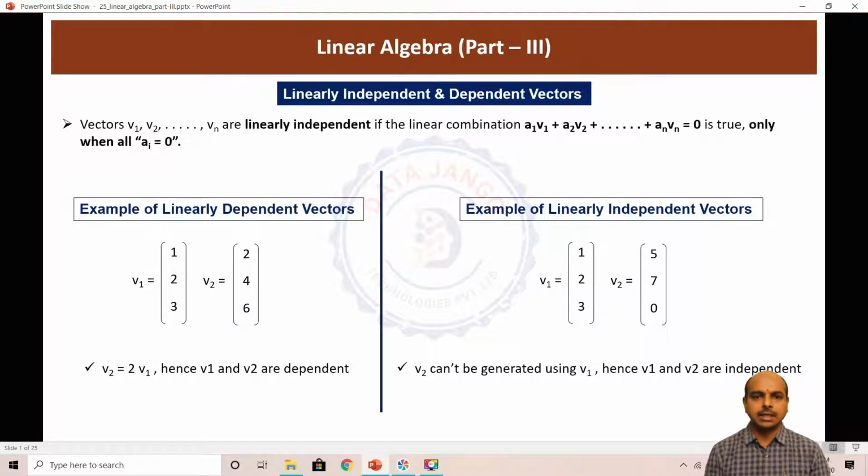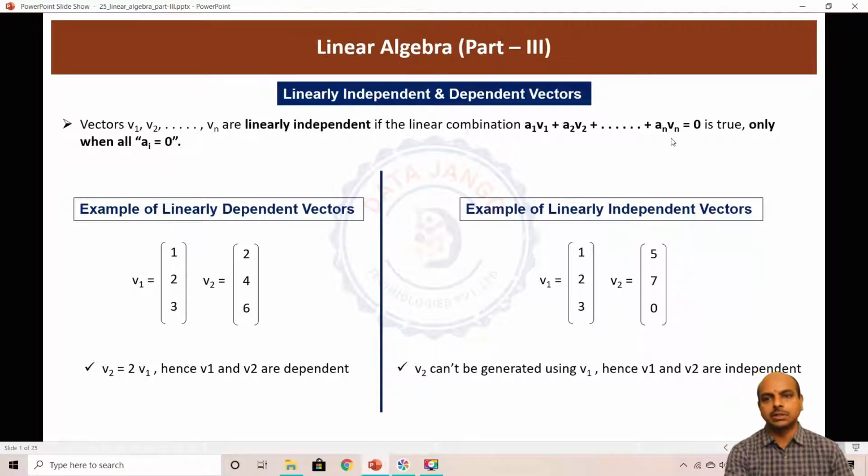Let us start with linear independence and linear dependence of vectors. If you take vectors v1, v2, and so on, vn, and you have to tell that these vectors are linearly independent, the only way is that you take an equation a1 v1 plus a2 v2 and so on, plus an vn is equal to 0. This is true only when all a's are equal to 0.